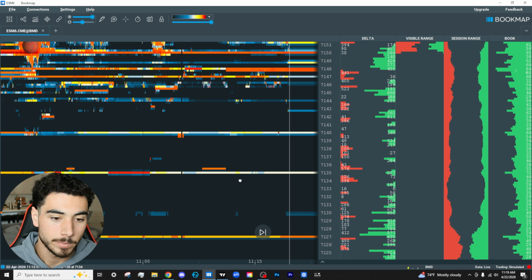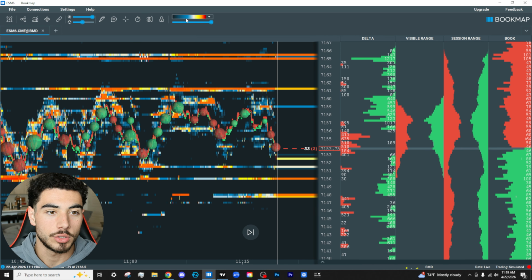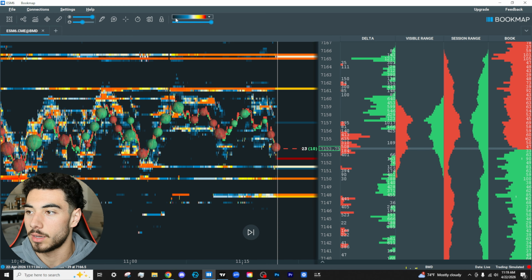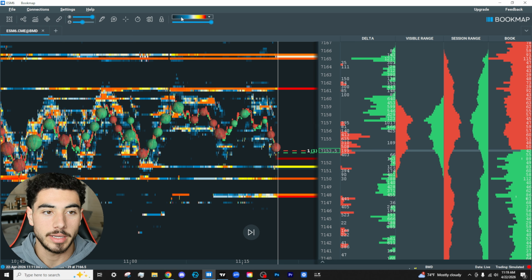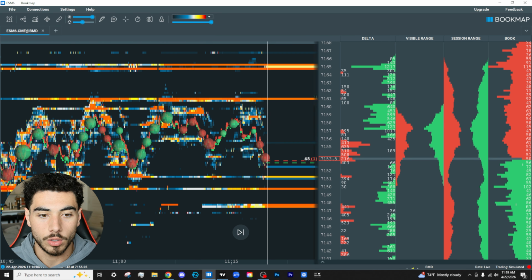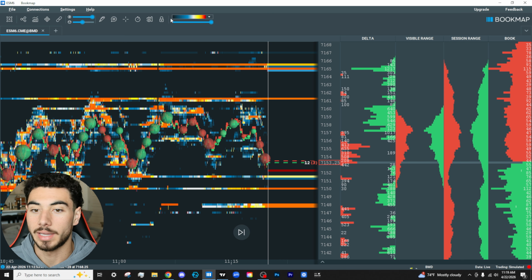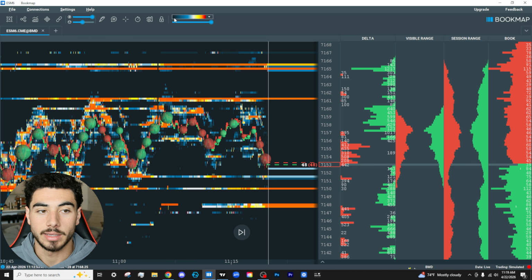Okay, simple enough. And now let's talk about the colors of these things too, right? You see here we've got this color shading system. Essentially, the lighter the color, the further you get to the left, the fewer orders there are, and the less dense.